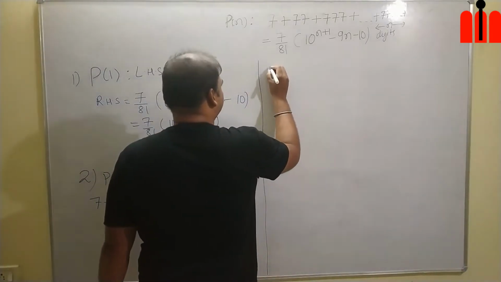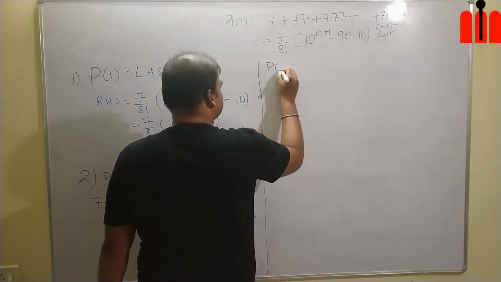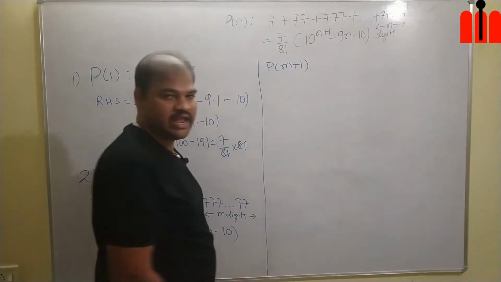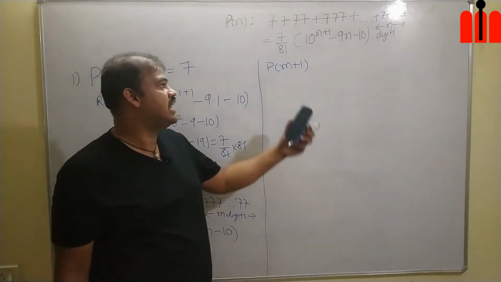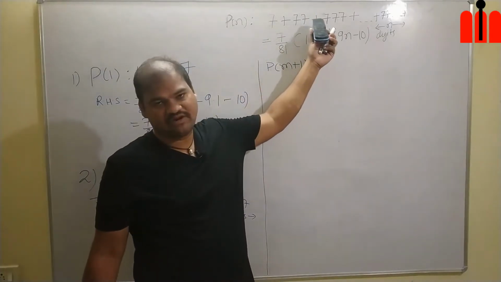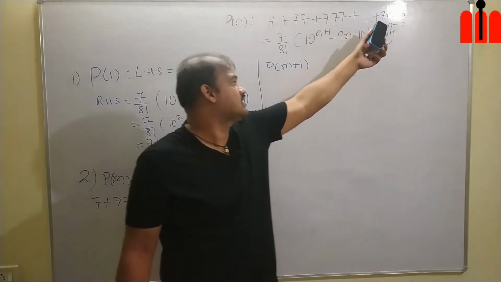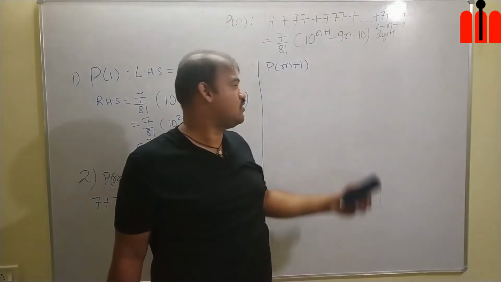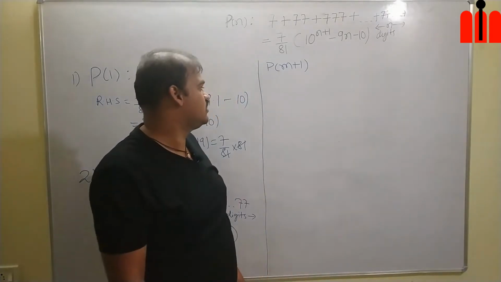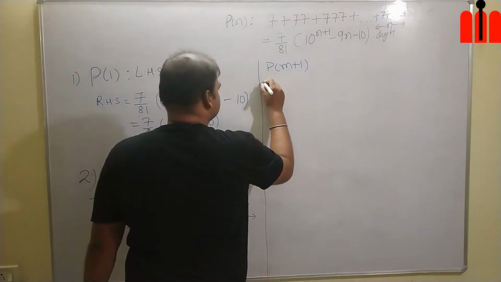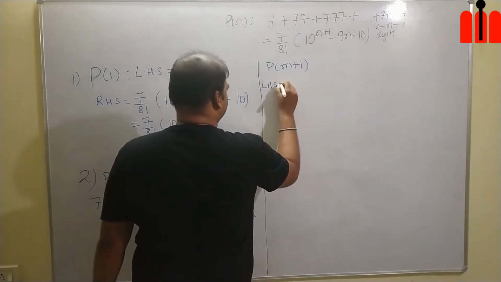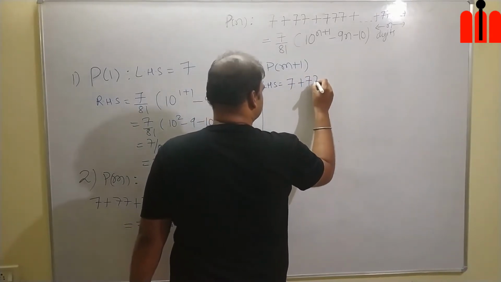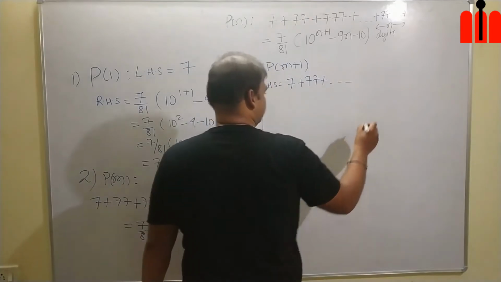For my induction step, which is Pm plus 1, how will my LHS look? My LHS will be 7 plus 77 up to the last term 777 with m plus 1 digits, because it is Pm plus 1. So let me write my LHS: 7 plus 77 like that.